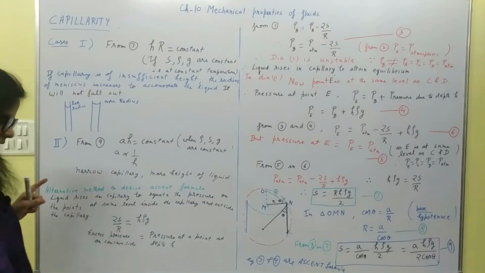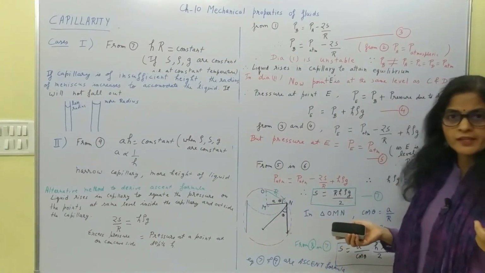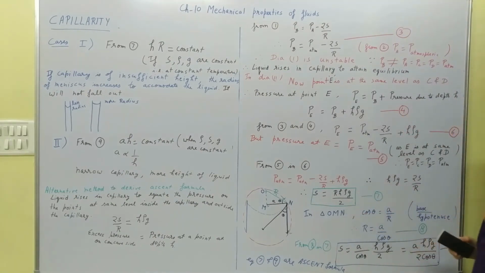Now we need to recall here that non-wetting liquids fall in a capillary. Why do those liquids fall in the capillary? We need to discuss that also over here. So I'm just rubbing the right side of the board.